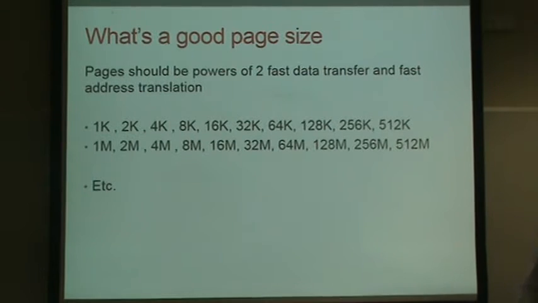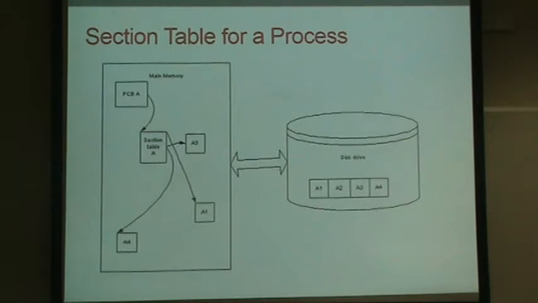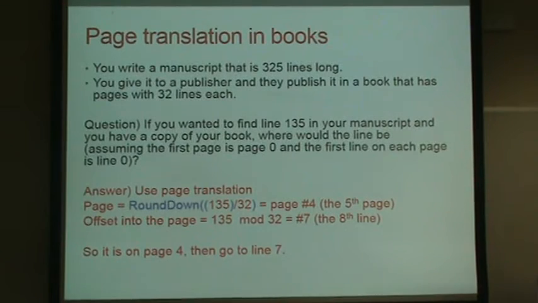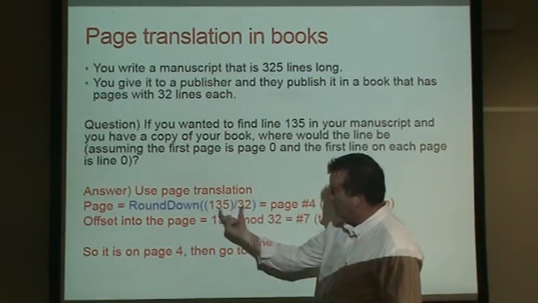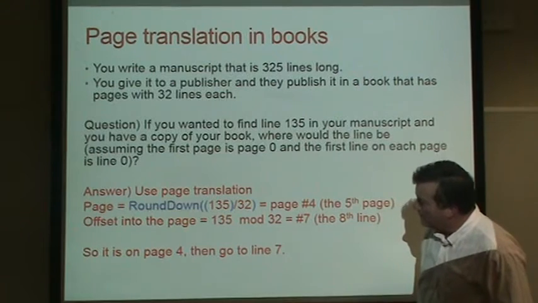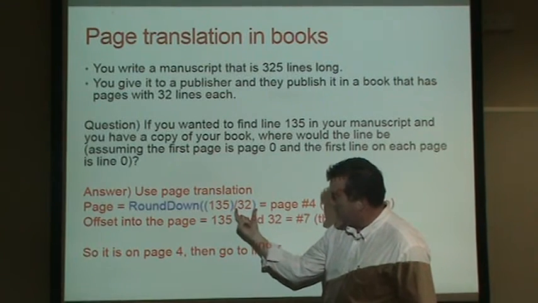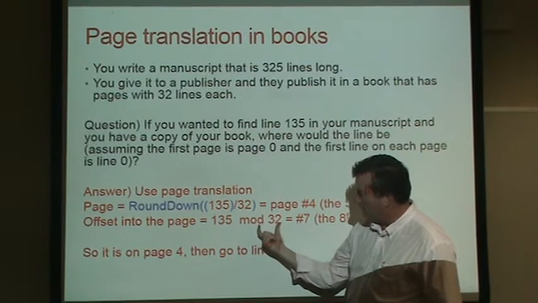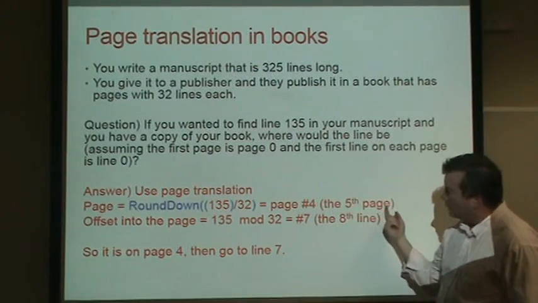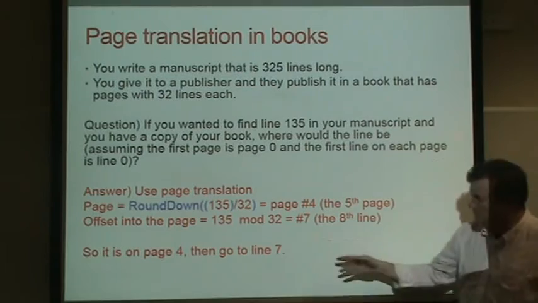So now the idea is when we go to do this translation, we're looking for a particular line within our program. We're going to divide by the page size and round down, and then also the modulus too.